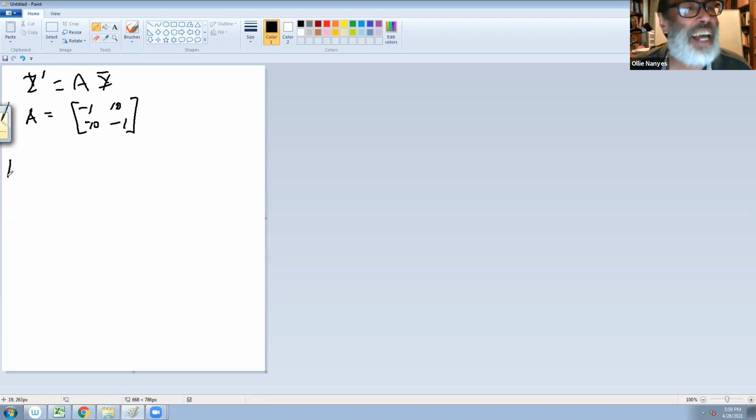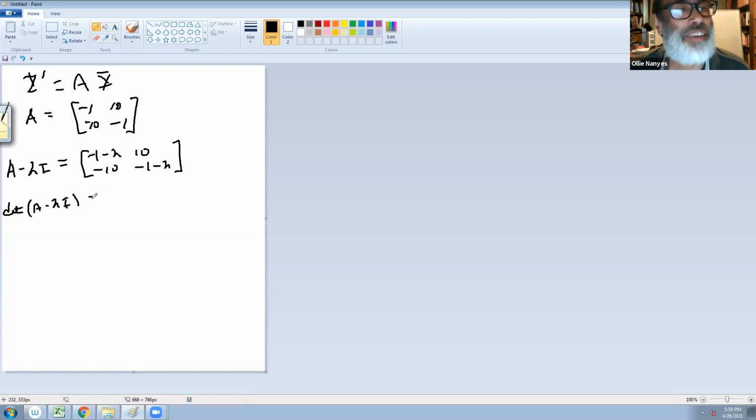Now, if I try to calculate A minus lambda I, as usual, we have minus 1 minus lambda, 10, minus 10, minus 1 minus lambda. Notice that's the same. Then if you take the determinant to get the characteristic equation, notice this is 1 plus lambda, the negative of that squared.